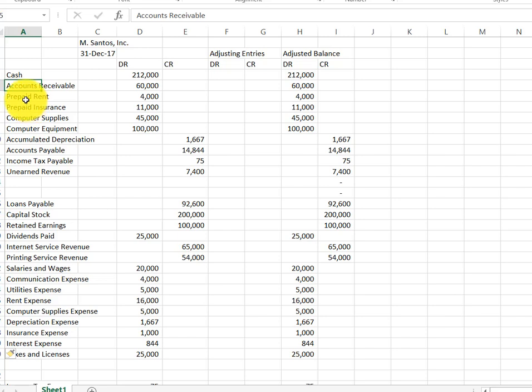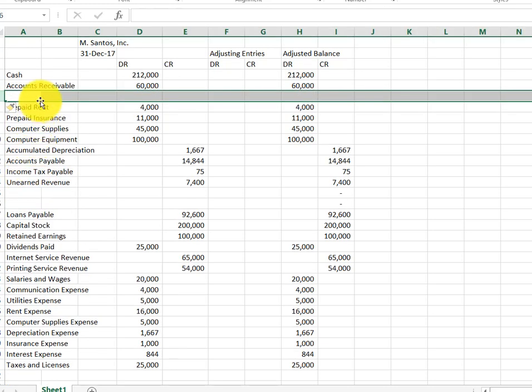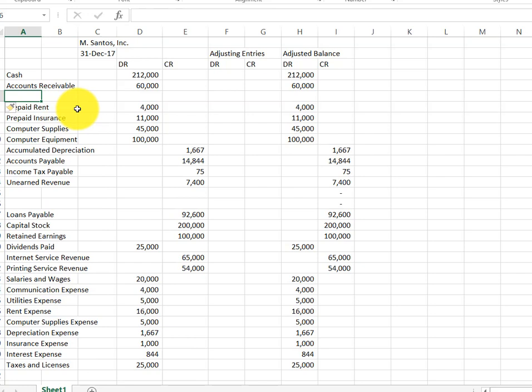If we were going to make an adjustment there, we would need a line here for our allowance for bad debts. The normal balance on that would be a credit. Let's say that we estimate that it'll be 2% of accounts receivable.